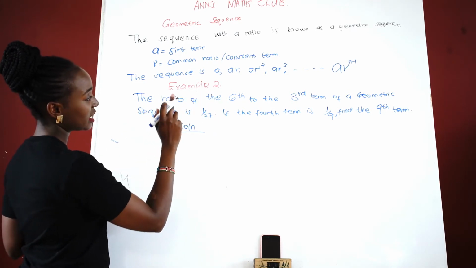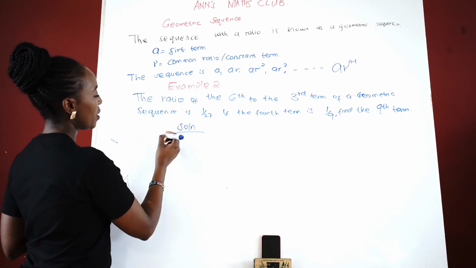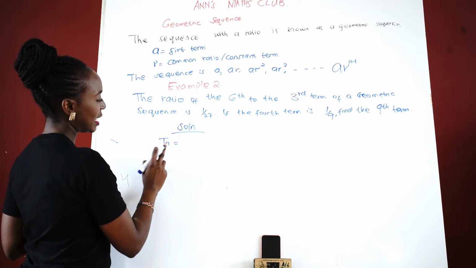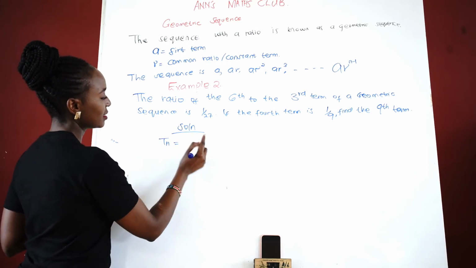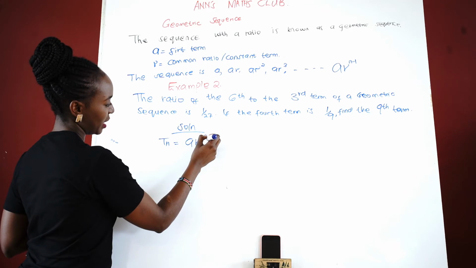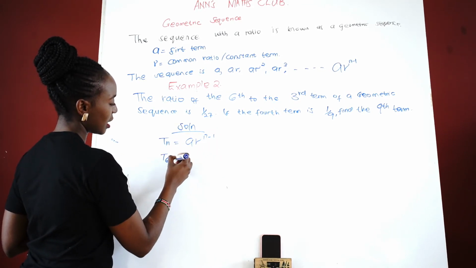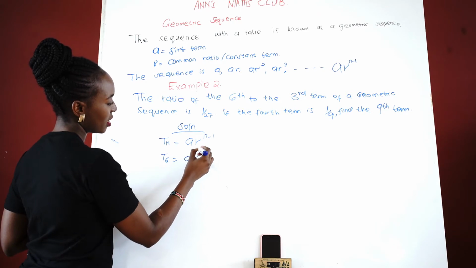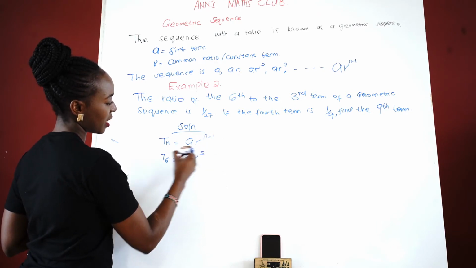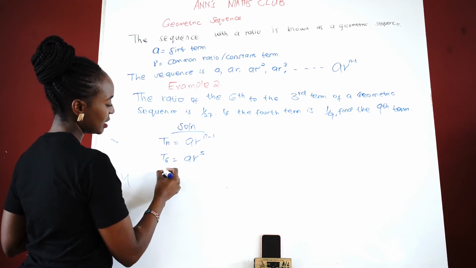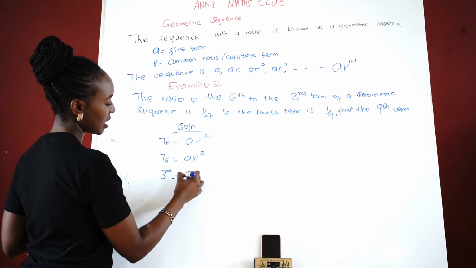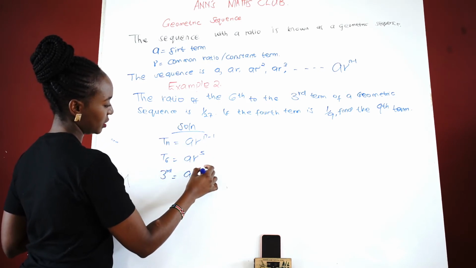We've been told the ratio of the 6th to the 3rd term. Remember, the nth term is ar^(n-1). This is the formula. So the 6th term will be ar^(6-1), which is ar^5, and for the 3rd term, we know it is ar^(3-1), which is ar^2.